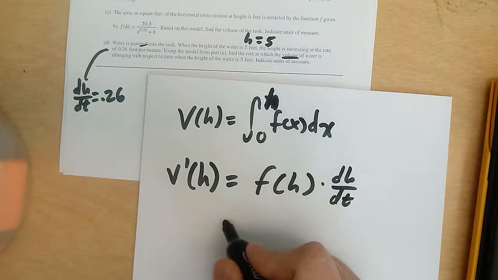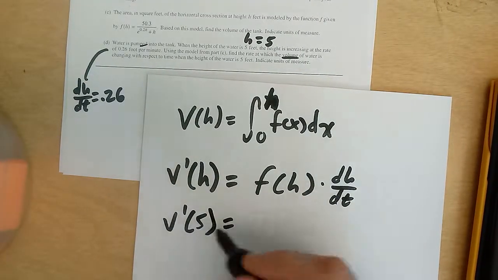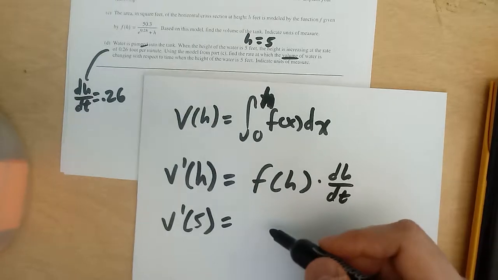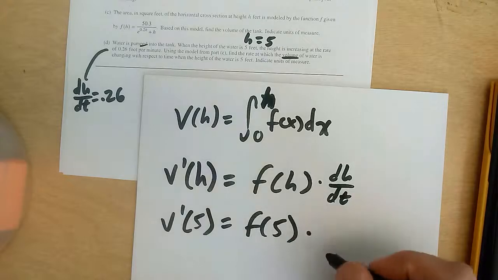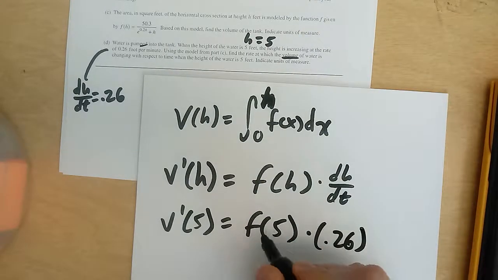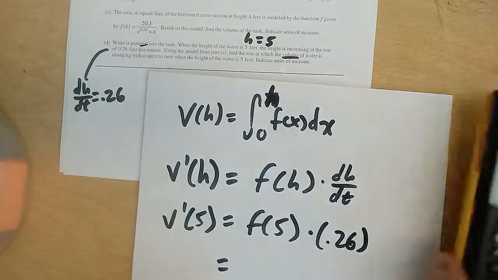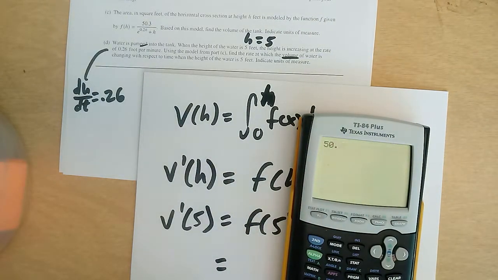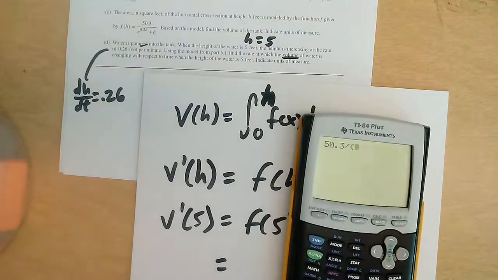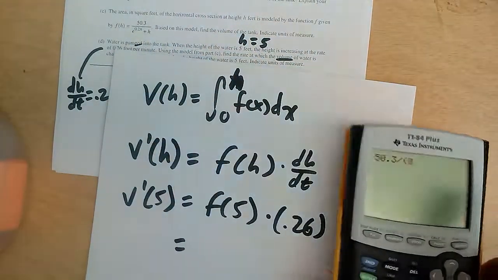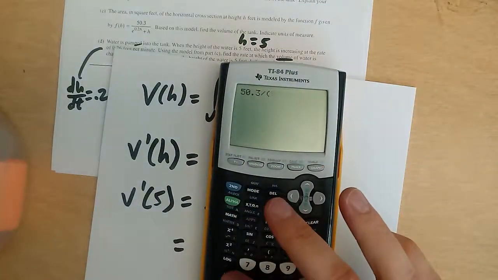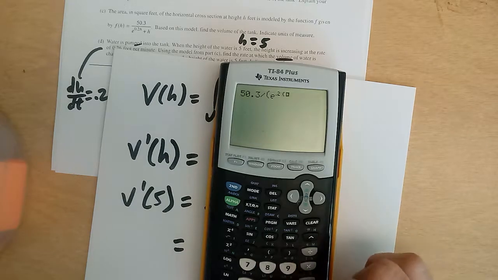So if I want v prime of 5, well then I want f of 5 times dh dt, which is equal to 0.26. And f of 5 is equal to 50.3 over e to the 0.2 times 5 plus 5.